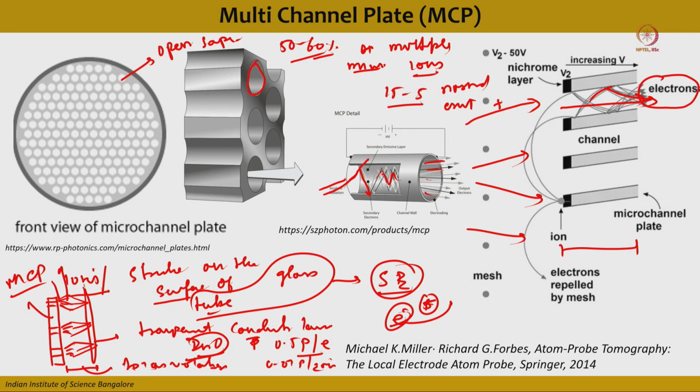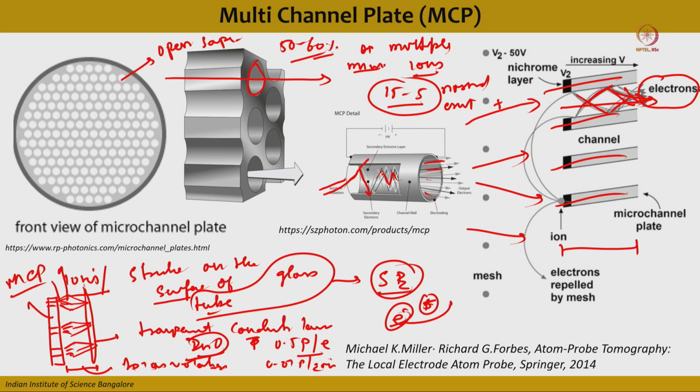The ions can travel along the normal axis easily and hit the phosphor screen. But if you keep these channels at an angle, the efficiency of ions hitting the glass surface will significantly increase, which results in a very high density of electrons coming out of the multi-channel plate.